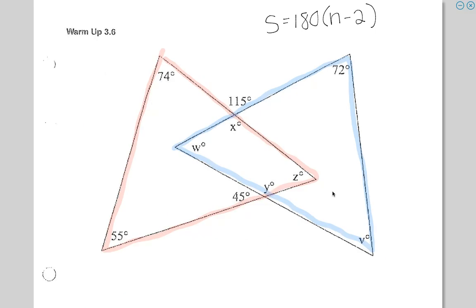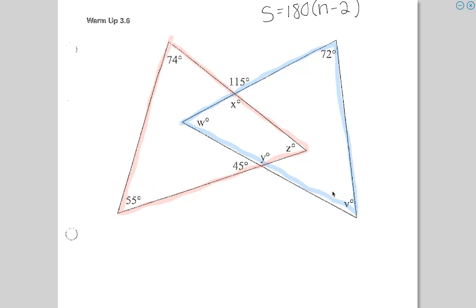And we also know a quadrilateral, or something with 4 sides, like right here, should add up to 360 degrees. So those are the two ideas that we're going to use. Now there's going to be some other things in there to help us out, but those are two ideas that are going to help us get through this problem.